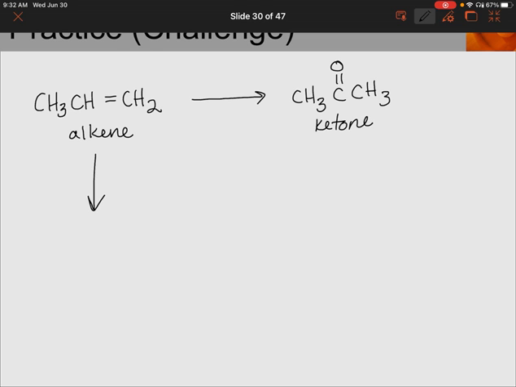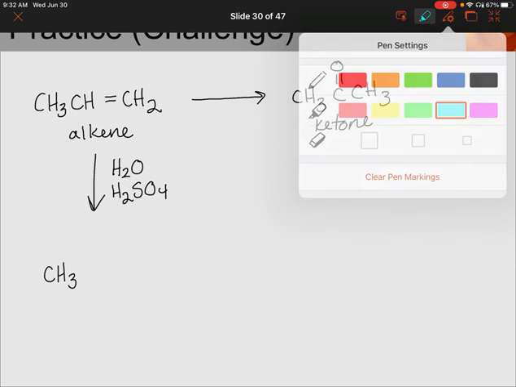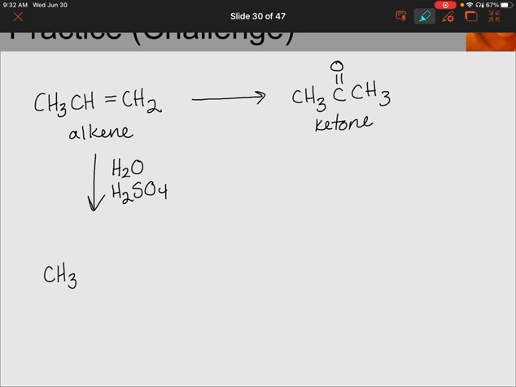Well, as we saw before, we can add water and our catalyst, sulfuric acid, and that should add an alcohol group. But what side would the alcohol group add to on the double bond? So we've got two options. We've got the carbon with less hydrogens and the carbon with more hydrogens.